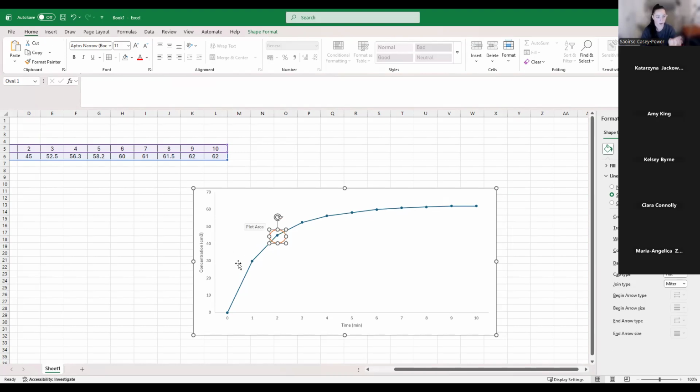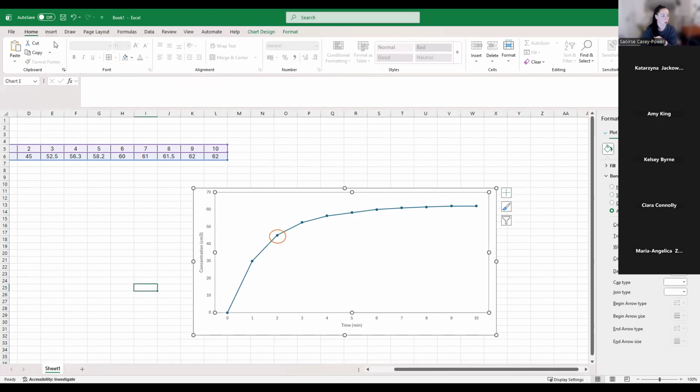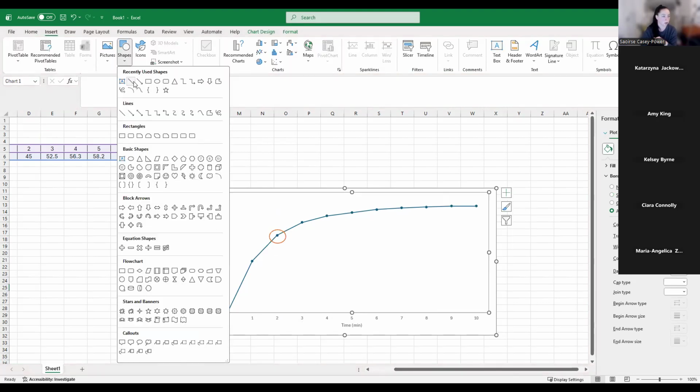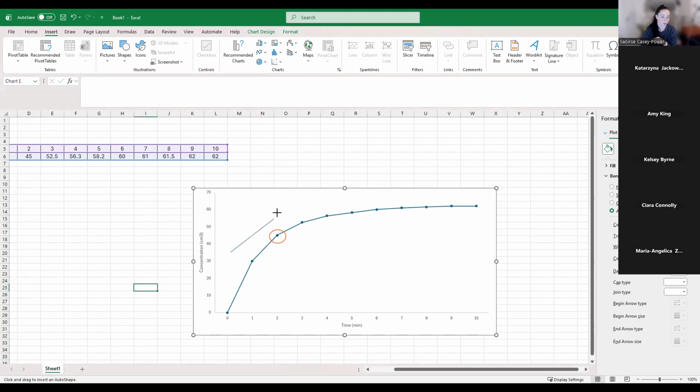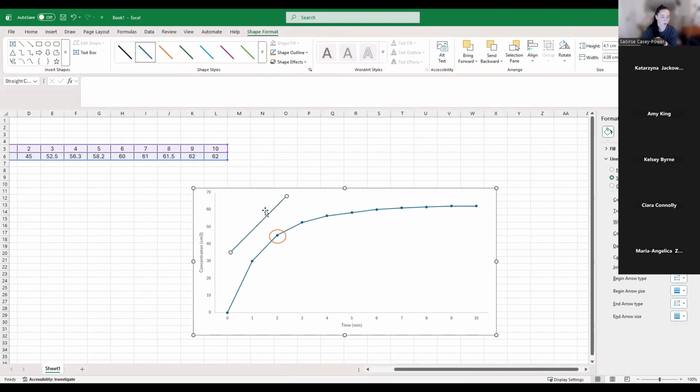Okay, so say we've plotted the graph, we've connected all the dots, we see that nice curve, and then we're asked to plot the instantaneous rate at 2 minutes. You'd extend up from 2 minutes to the point, and then we would draw in our tangent line. What you want to make sure is that your tangent line just hits the point there.